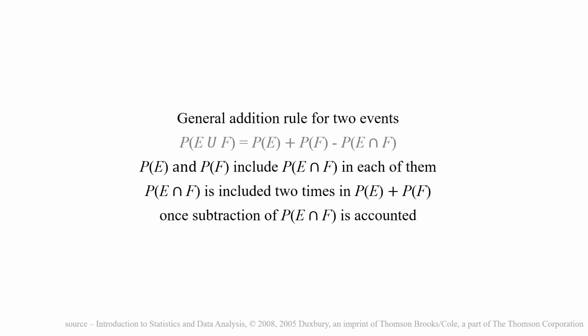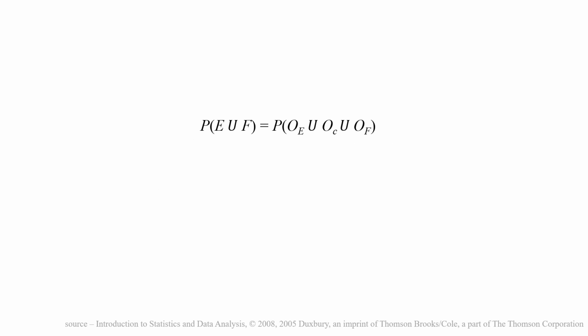Let's look into the mathematical derivation of the general addition rule for the sake of completeness. In order to derive the general addition rule for non-disjoint events, let's expand probability of E union F as follows.